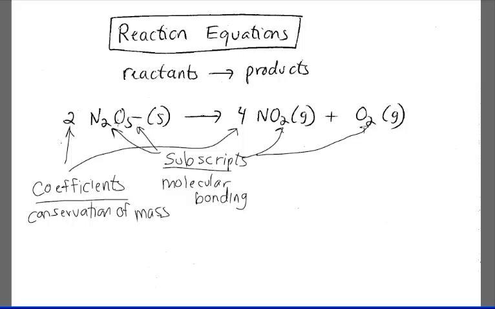So when you start with N2O5 and produce NO2 and O2, you need to have the same number of oxygen atoms before reaction as you do after, and the same number of nitrogen atoms before and after. So that's what the coefficients are. They are to assure a conservation of mass, and they are usually going to be whole numbers. You do occasionally see fractions, but usually whole numbers, and we use them to balance the equation.